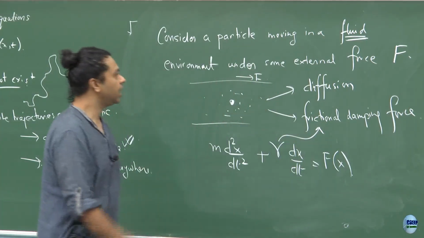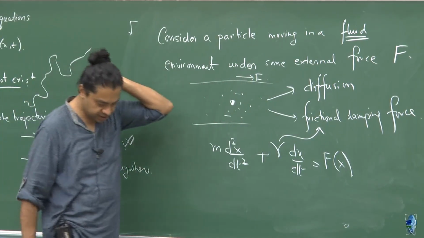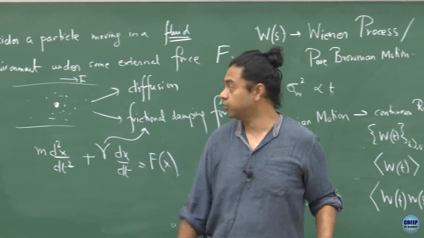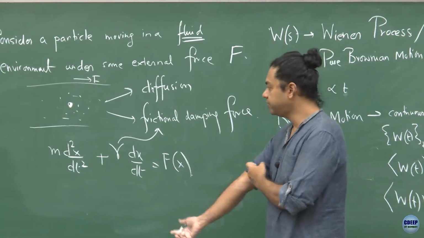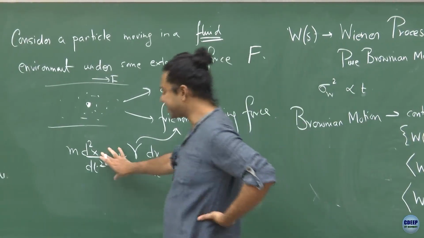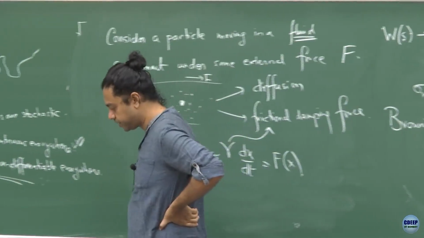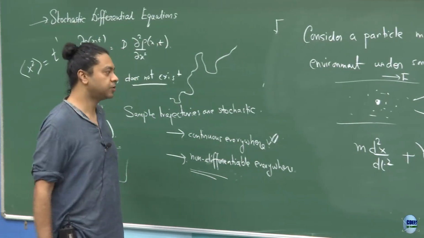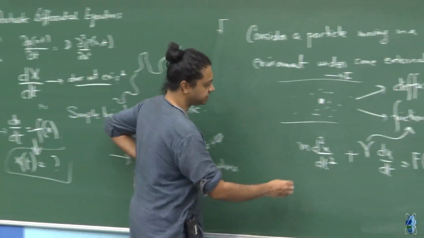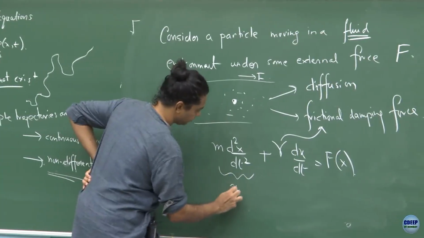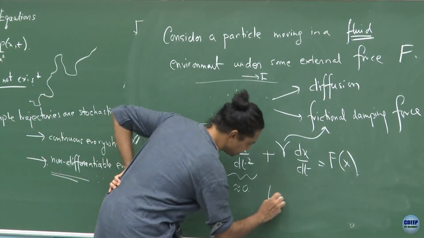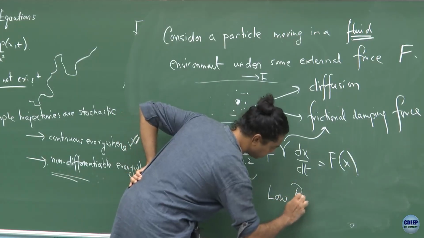So, now generally why do I say fluid? Because generally all biological systems are mostly moving in some fluid medium, and in these sort of mediums, given the size scales of biological objects, cells and proteins and so on and so forth, it turns out that the inertial term is very small. This is called the low Reynolds number regime.